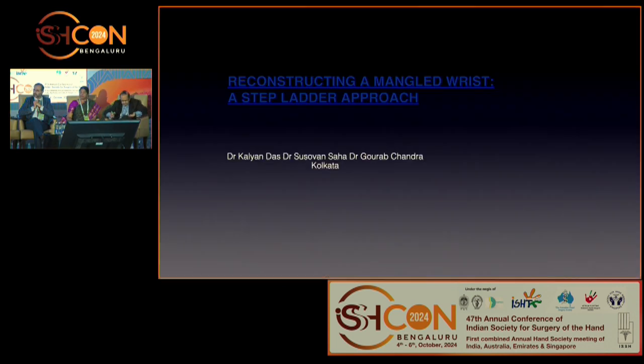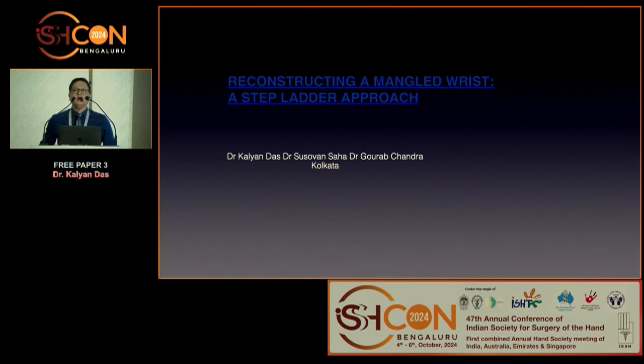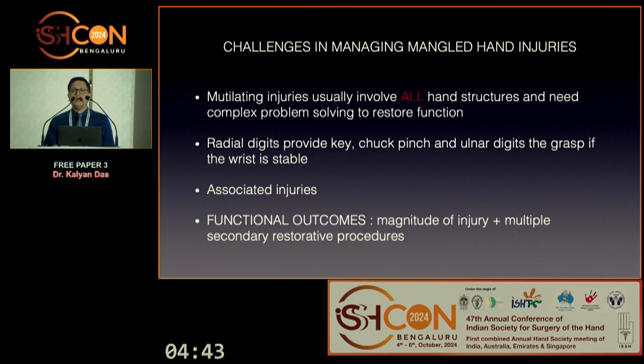Good morning, everybody. I would like to share my experience on treating a patient with a mangled wrist and a mangled hand. Mangled injuries are quite common in the Indian scenario, and the term mangled or mutilating hand injuries is often used on a spectrum of patients where multiple structures are affected.